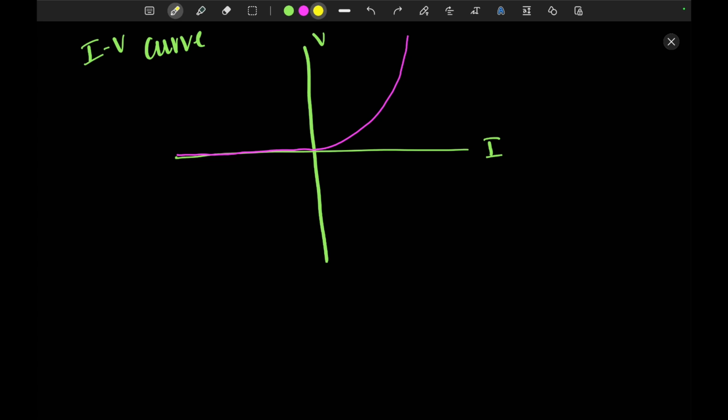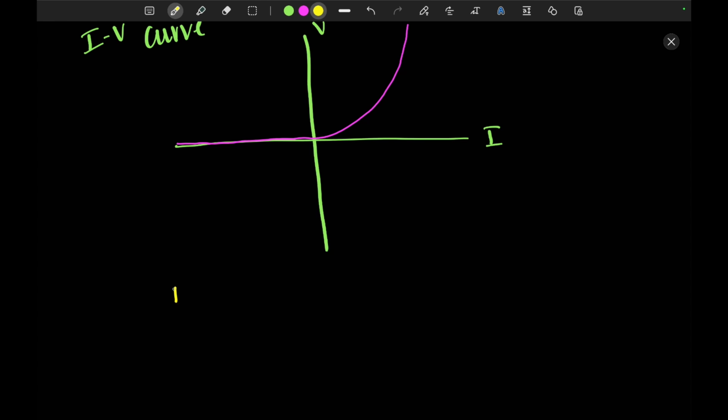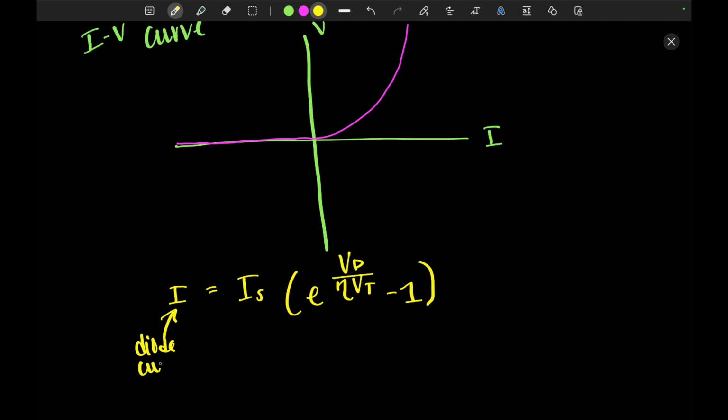And the equation that actually governs the diode, I'll just go through that. It's I equals IS e to the VD over n VT, minus 1. And I is the current through the diode. IS is the saturation current.